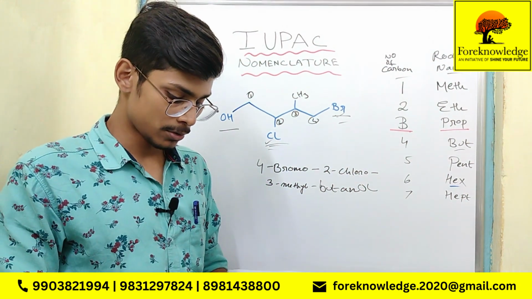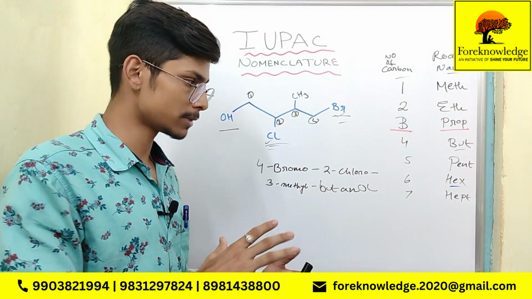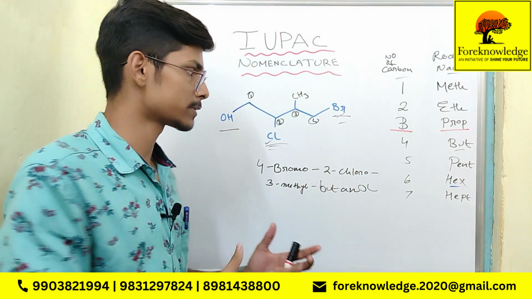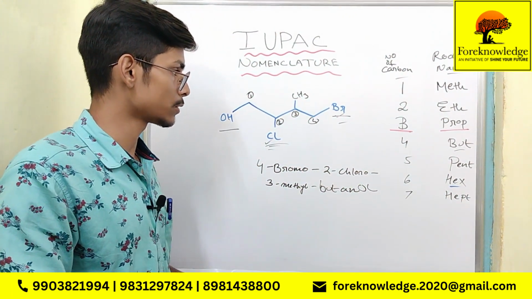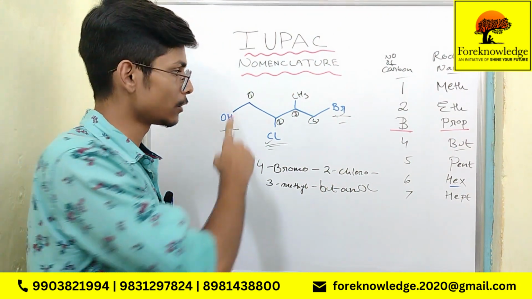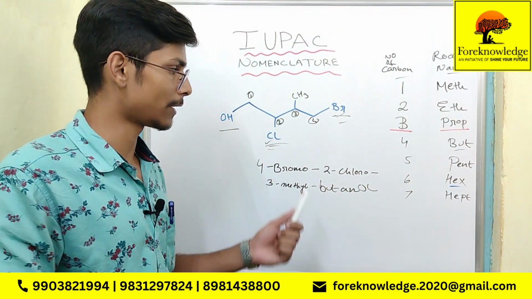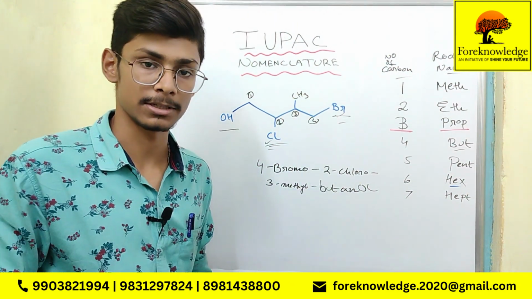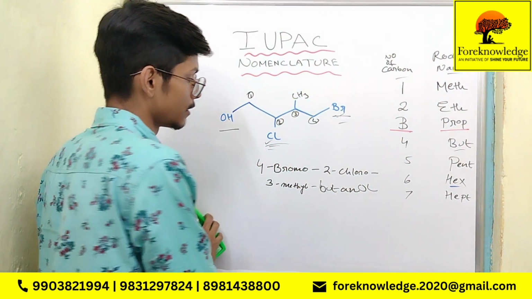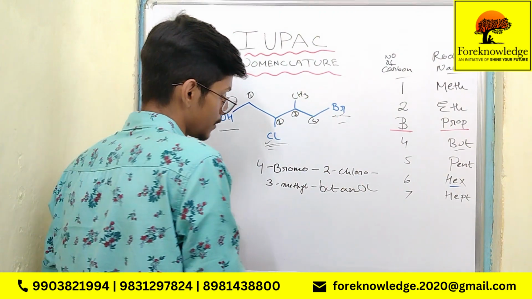Okay. So I think I have covered the types of compounds that can come in your examples. So now I am not going to show you more examples, but I am giving you 5 compounds. I will draw 5 compounds, and your job is to write the IUPAC name of each compound in the comment section. Okay. So I am writing those 5 compounds.